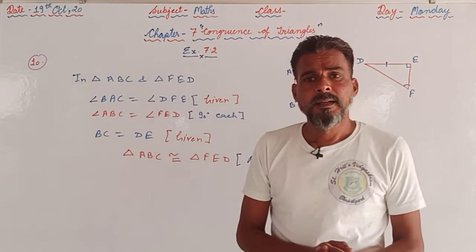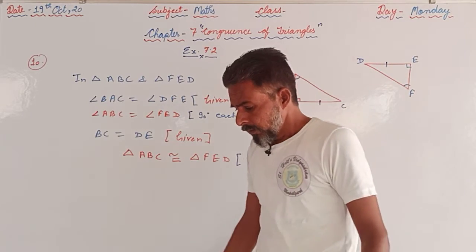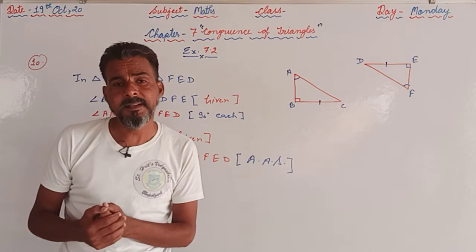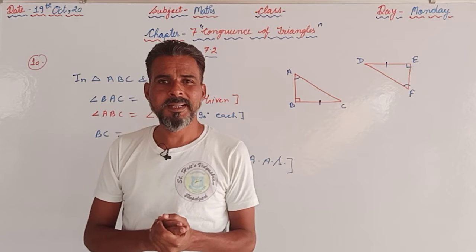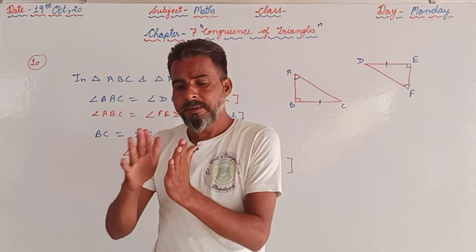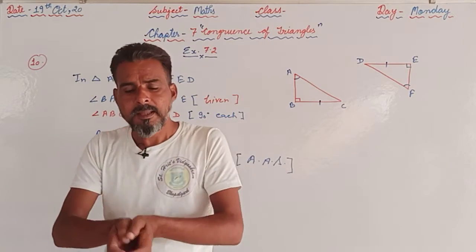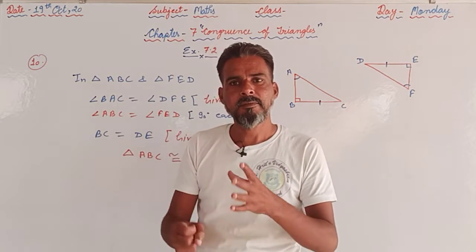So like this our chapter is over. At the same time, we are supposed to discuss the criteria again at the last, as we have completed all the questions of exercise 7.1 as well as 7.2. Congruent figures are the figures which are the same in all aspects. In this chapter we are discussing congruent triangles.